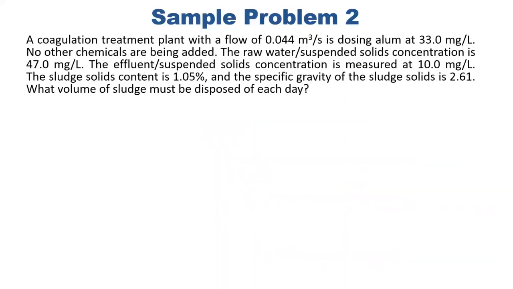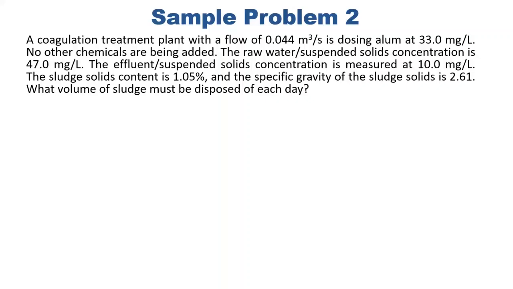Now let's try to solve another sample problem. A coagulation treatment plant with a flow of 0.044 cubic meter per second is dosing alum at 33 milligrams per liter. No other chemicals are being added. The raw water suspended solids concentration is 47 milligrams per liter.